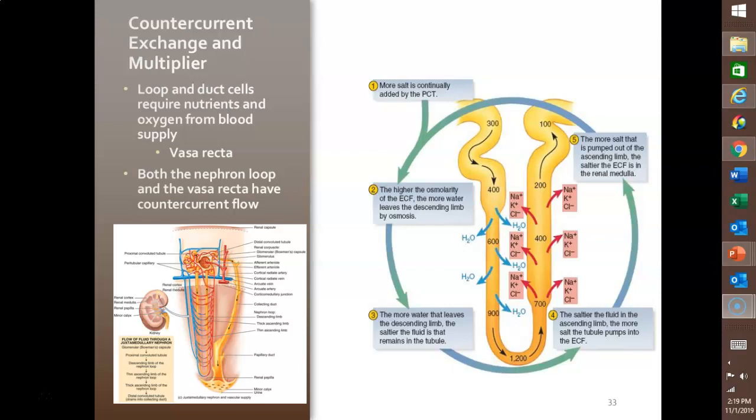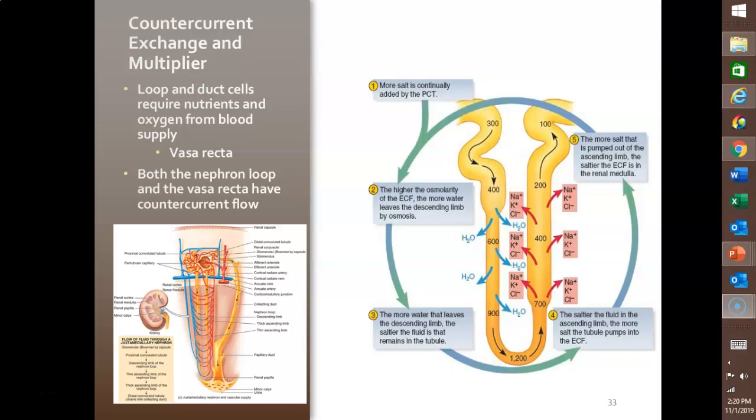That's going to stimulate antidiuretic hormone to be released. Antidiuretic hormone then is going to affect the very last part of the distal convoluted tubule and also the collecting duct, and that's going to cause water to move through osmosis out of the tubular fluid and into the interstitial fluid again there in the medulla, and then from the interstitial fluids to move into the vasa recta.